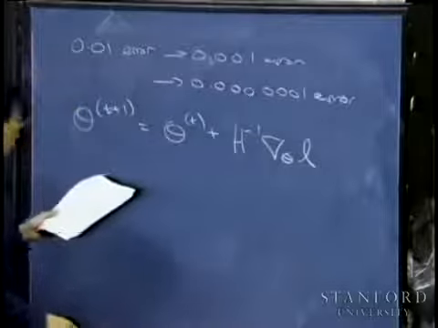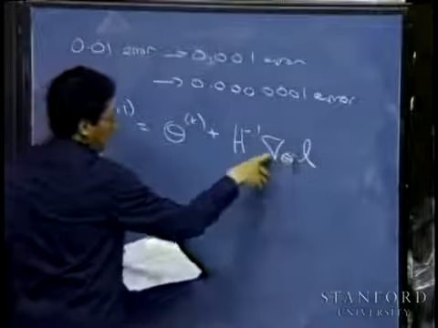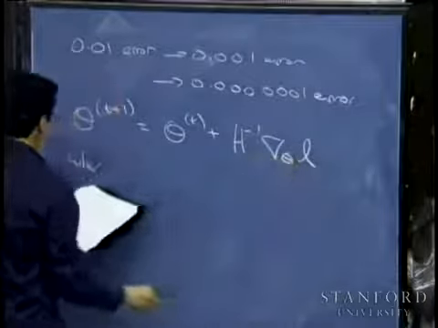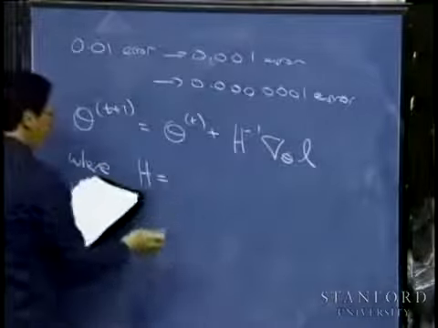And the appropriate generalization is this, where this is the usual gradient of your objective, and H here is a matrix called the Hessian.